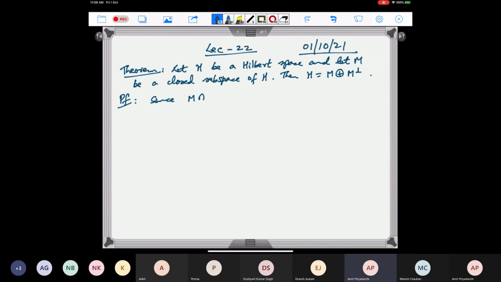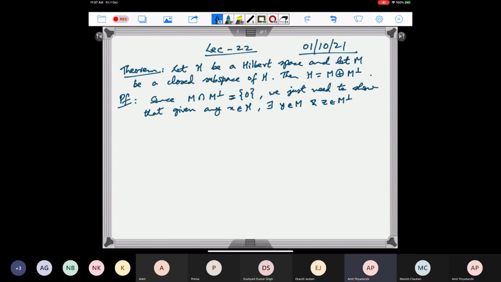Since M intersection M perp is singleton zero, we just need to show that given any vector x in H, there exists y in M and z in M perp such that x can be written as y plus z.